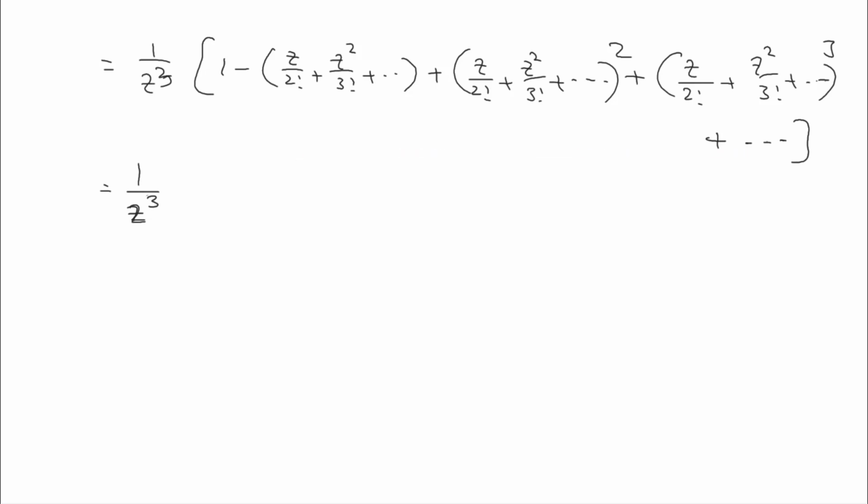So 1 divided by z cube as it is, next 1 plus z times some term that we don't need.